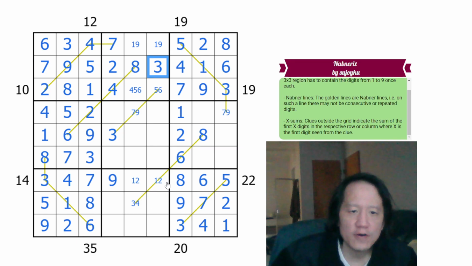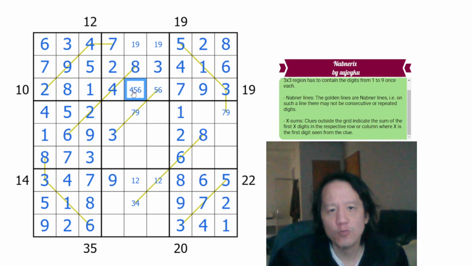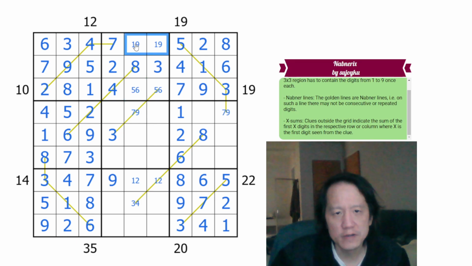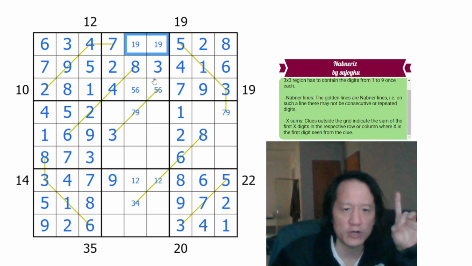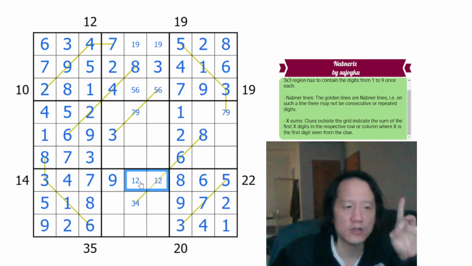Now, we have a 1 in columns 5 and 6 for row 7.